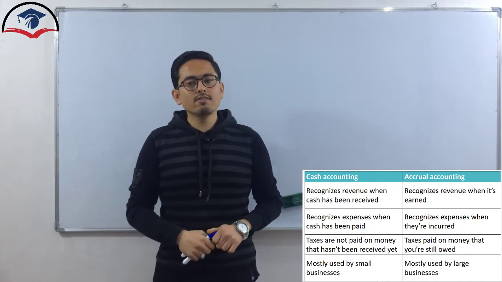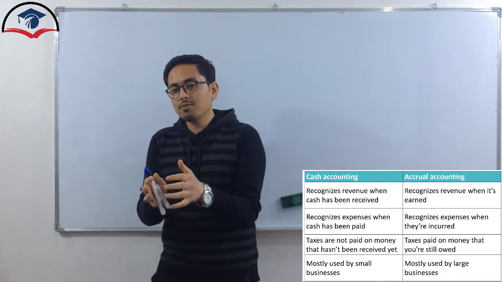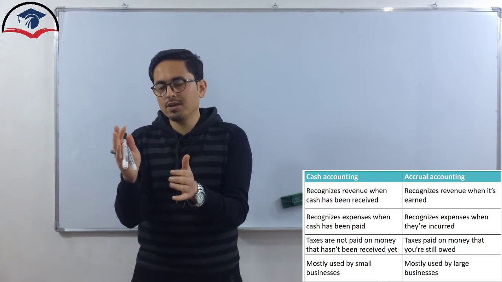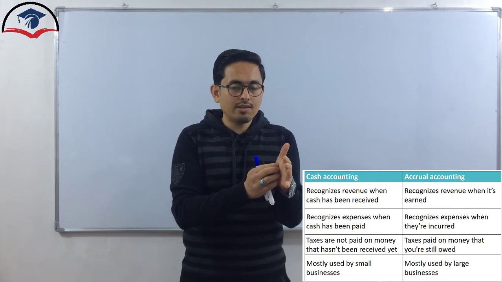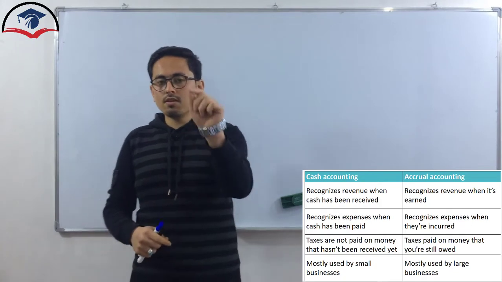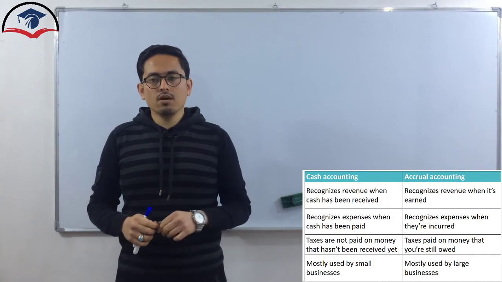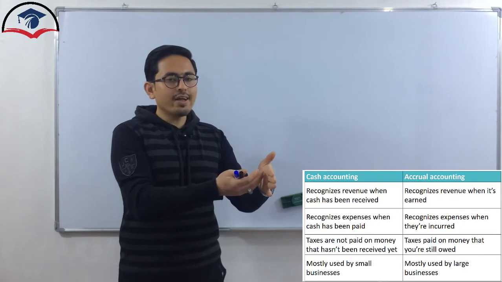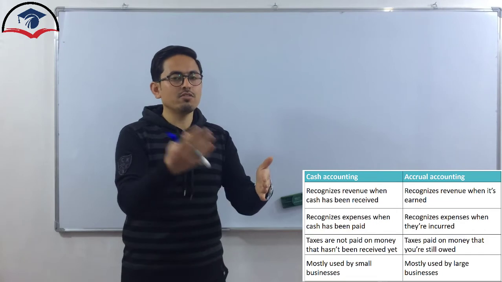Let's continue. Under the cash basis of accounting, expenses are recognized when the cash has been paid. So when I actually pay for the expense, I record it. But in accrual basis of accounting, if this month ended and this expense belongs to this month, then I record it whether I paid cash for it or not. Suppose on the cash basis, after a quarter, three months, January, February and March, I pay the three-month rent at the same time, $3,000.